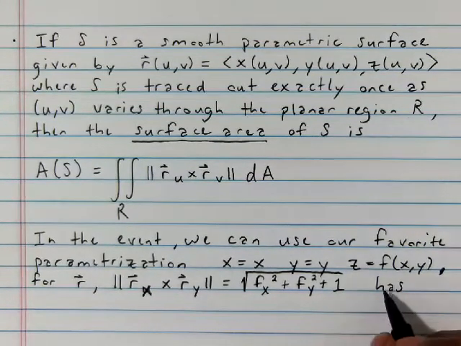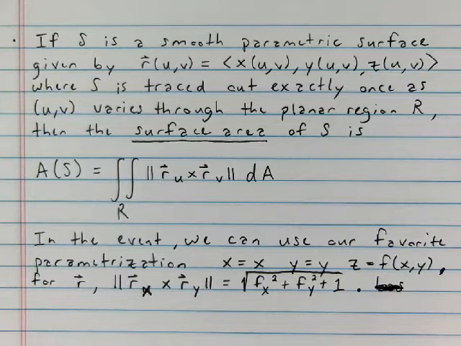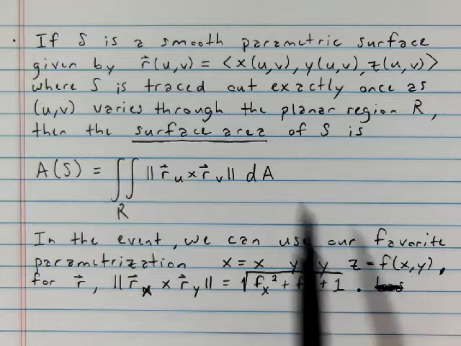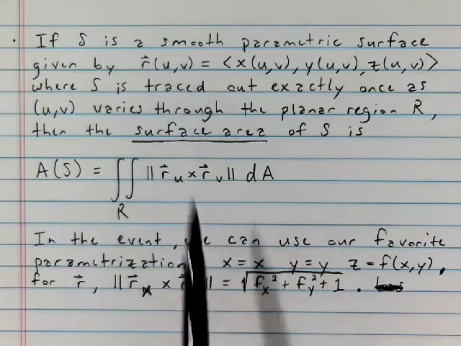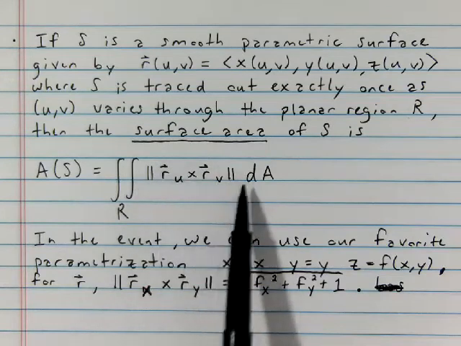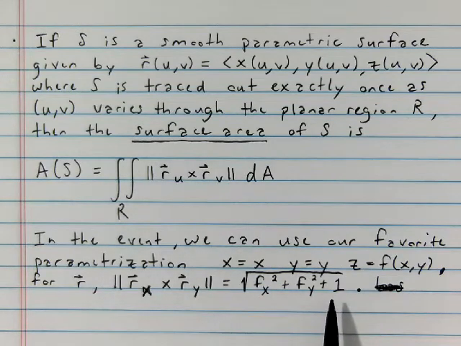Actually, we'll just leave that there. If you are able to use this parametrization for whatever your surface is, then you don't have to go through all of those steps. They've already been done for you.